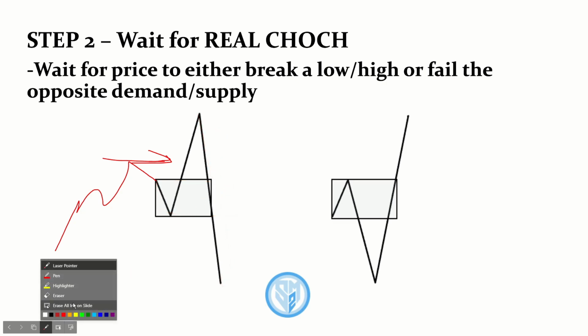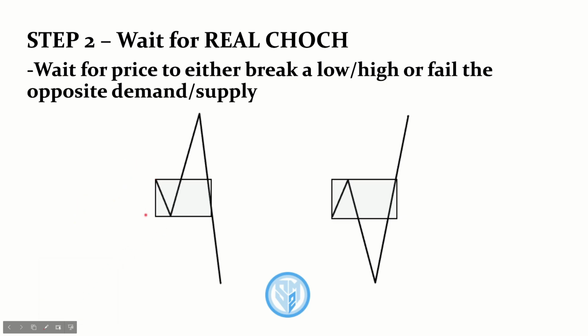So all we're doing so far is, after we've seen price sweep the high during our higher time frame POI, I am going to wait for a change of character, which is simply breaking a low or failing the opposite demand zone, right? So here we see price breaking this low or failing this demand zone, right?